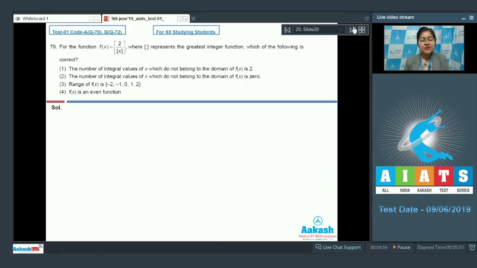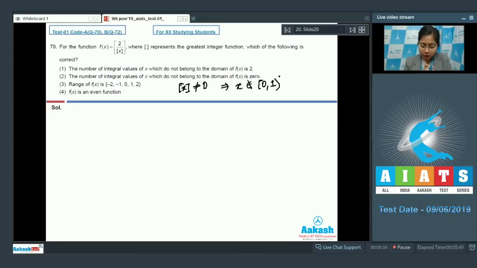Next is question number 79, which says that for the function f(x) equal to greatest integer of 2 divided by greatest integer of x, we have to find which of the following is correct. Now let us break the function at x equal to minus 1, 0, 1, 2 and 3. If we check the domain of the function, we can see that greatest integer of x is in the denominator, so it should not be equal to 0, which means that x should not take the values from 0 to 1.